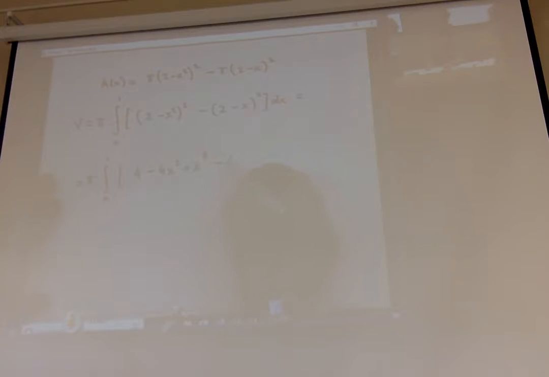Minus 4, then plus 4x, good. Minus x squared. Good. I'll close the bracket. Now I'm going to switch to parentheses. So 4 and 4 will be canceled. That's good news. X to the 4th, I'm just going to keep it because it's positive, so it goes first. Minus what?